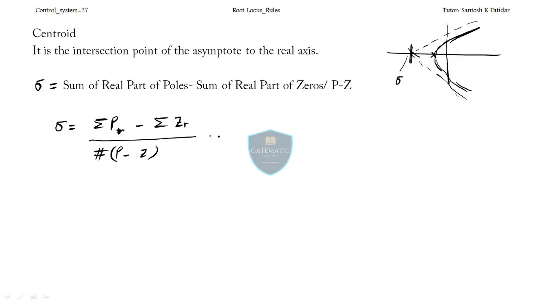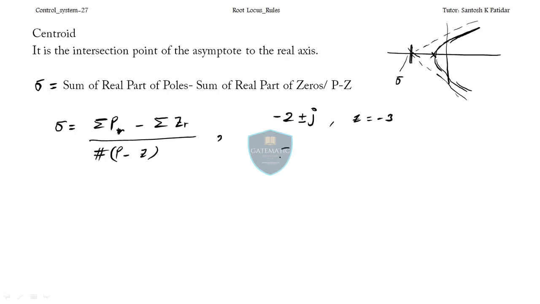Suppose in a question you have poles at -2 ± j. You have two poles, and you have a zero at -3.